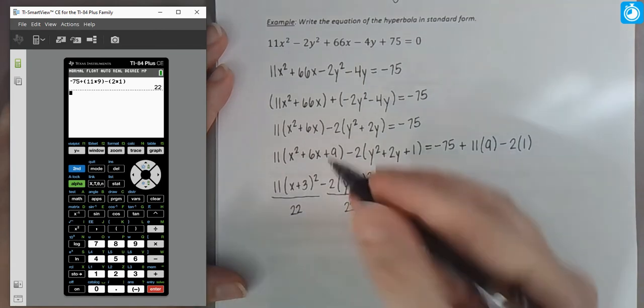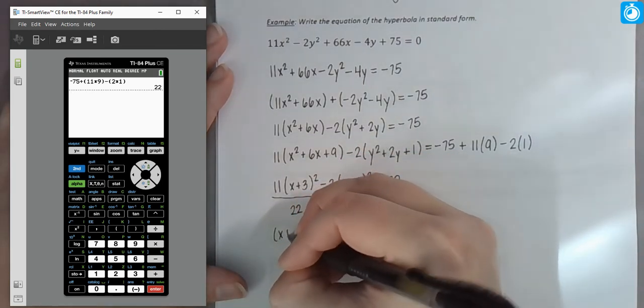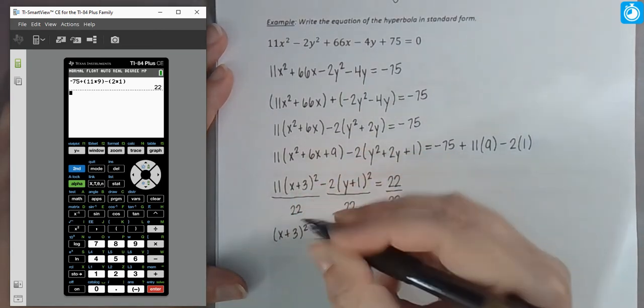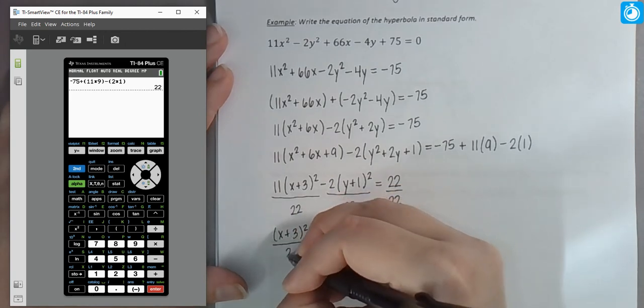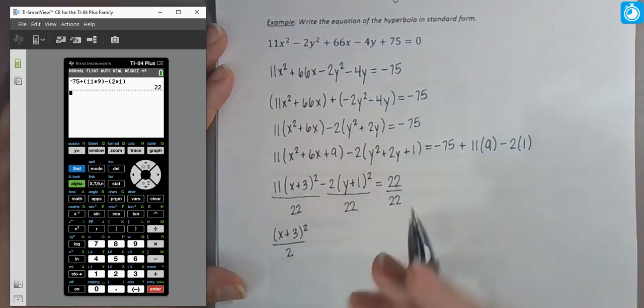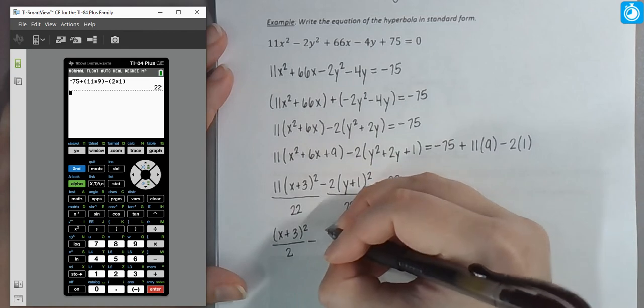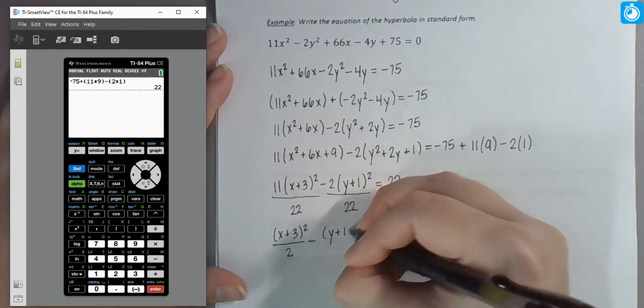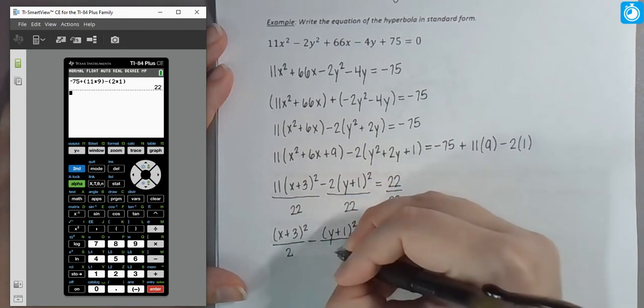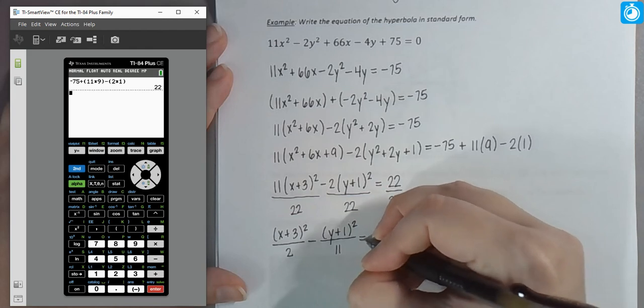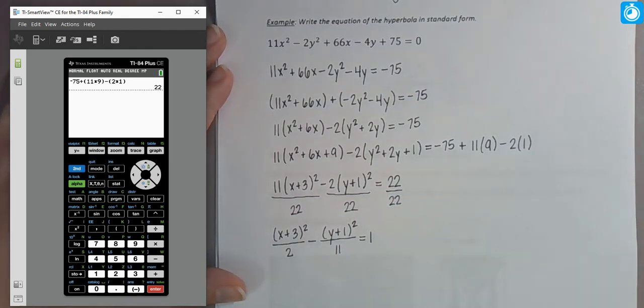So 11 and 22 reduces so that I have a 2 in the denominator. And then the 2 and 22 reduce so that I have an 11 in the denominator. And 22 over 22, as desired, reduces to 1. So this is going to be our standard form.